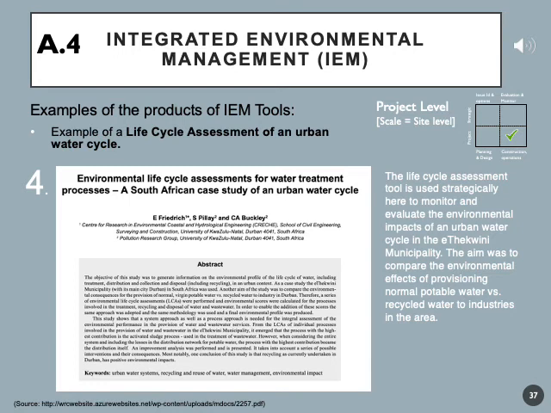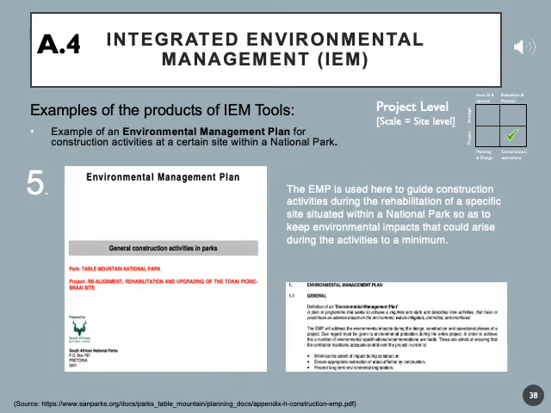The last example of an environmental management tool is that of an environmental management plan, or an EMP. And this specific example is for construction activities at a certain site within a national park in Cape Town. Okay, so again, if we look at our four quadrants, it is again project level, site specific, and it is specifically written to guide construction within a national park.